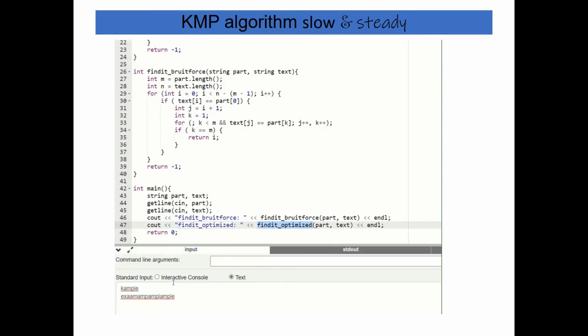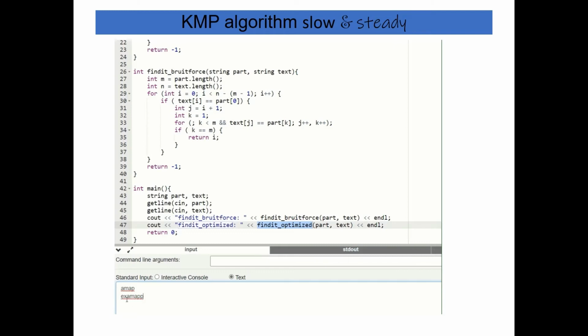Now let's try to play around with this input a little bit more. What if the part, the string of interest for us, is the word AMAP, without the space, of course. Let's take it that way. And we have the text exam app.